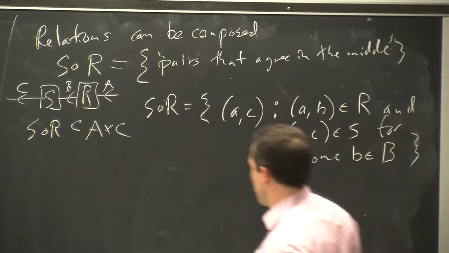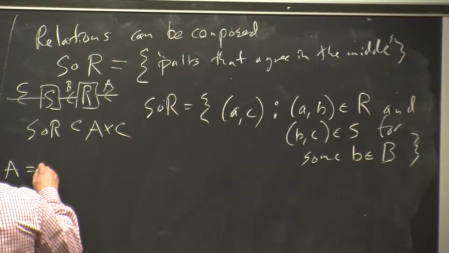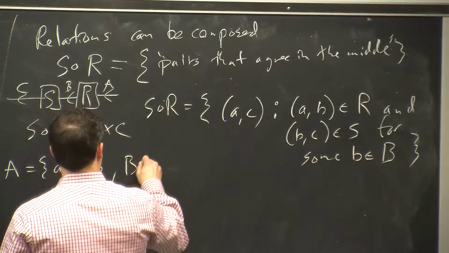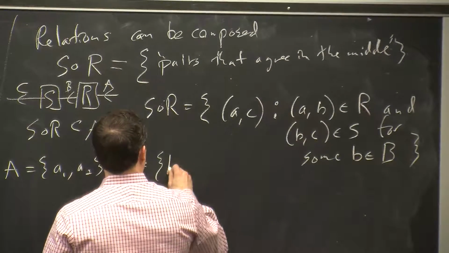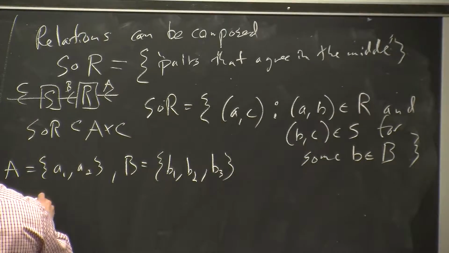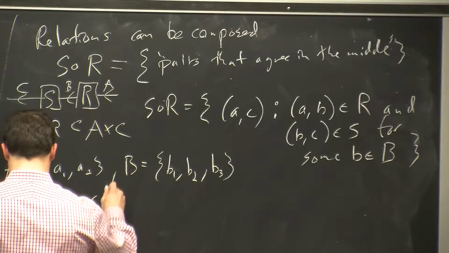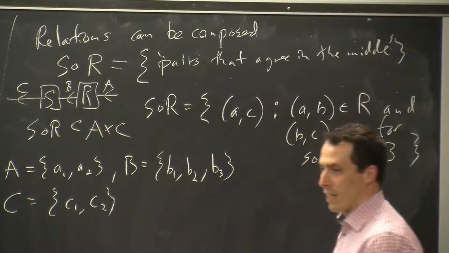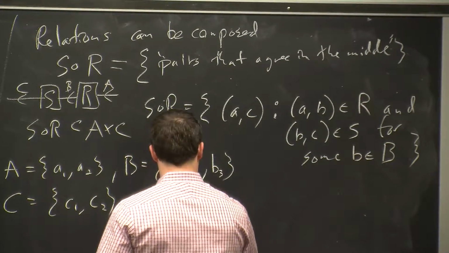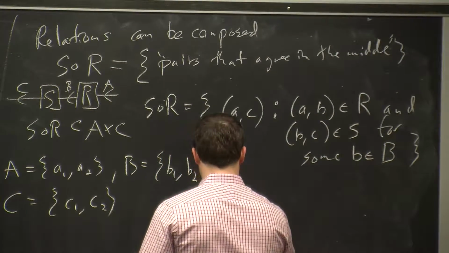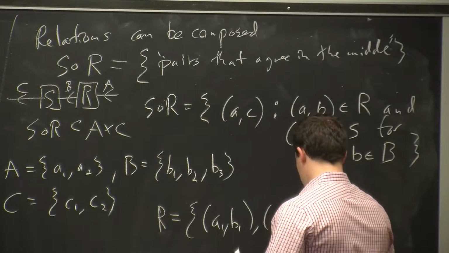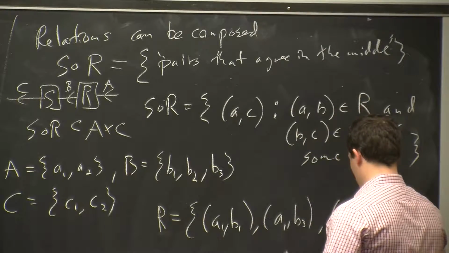So let's give a concrete example. Let's let A be A1, A2. Let B be B1, B2, B3, and C be C1, C2. And now I need to give you two relations. So how about R can be a relation with three elements, A1, B1, A1, B3, and A2, B2.